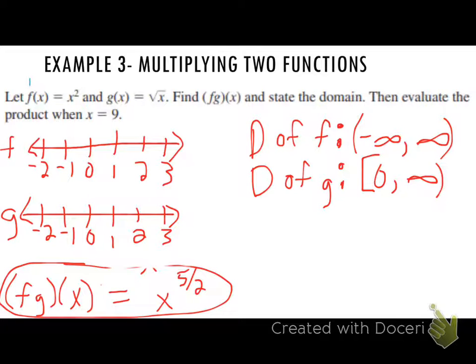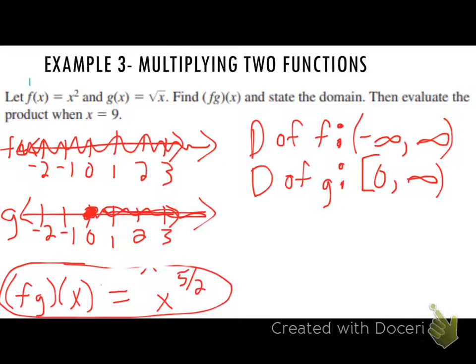The domain of f is all real numbers. So that'd be the whole graph being shaded, correct? The domain of g is 0 to infinity. So would 0 get an open dot or a closed dot? Closed dot. Shading to the left or right? To the right.